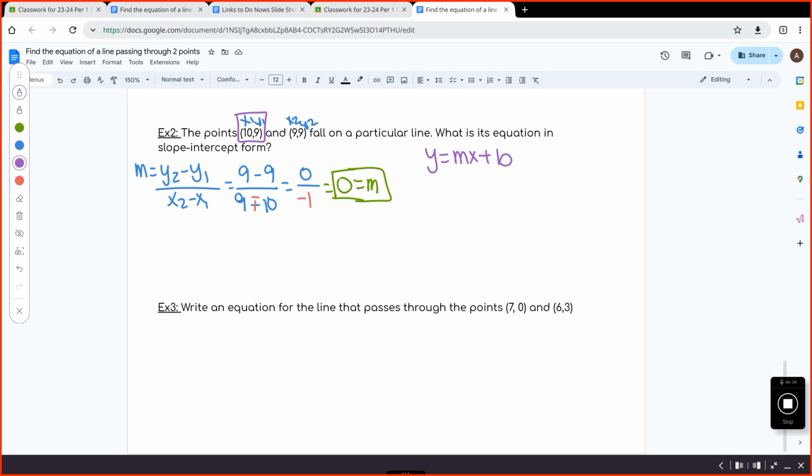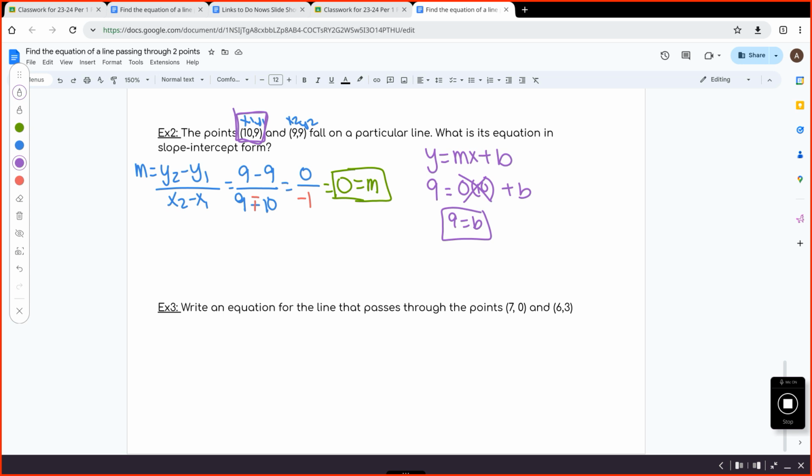So I have 9 equals 0 times 10 plus b. In case you're wondering where I got the 9 and the 10, I got them from this point here. 9 is y and 10 is x there. 0 times 10 is 0, so I'm just going to cross this out, and then we get 9 is equal to b.